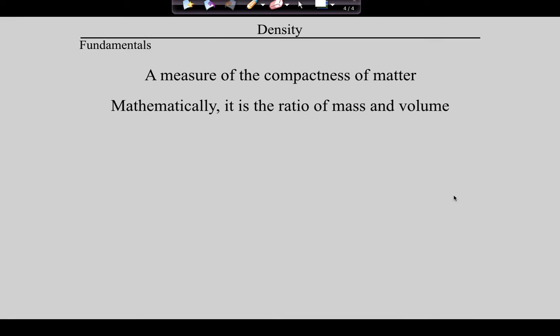And guys, when you hear ratio, what are we talking about mathematically? What kind of function? It's a comparison, but what does it look like mathematically? It's a division. So guys, anytime we talk about ratios, we're talking about division. And this is the ratio of mass to volume, so it actually looks like this.